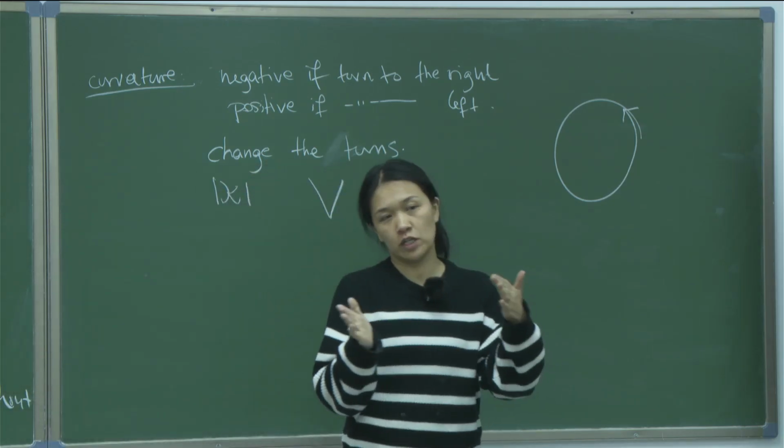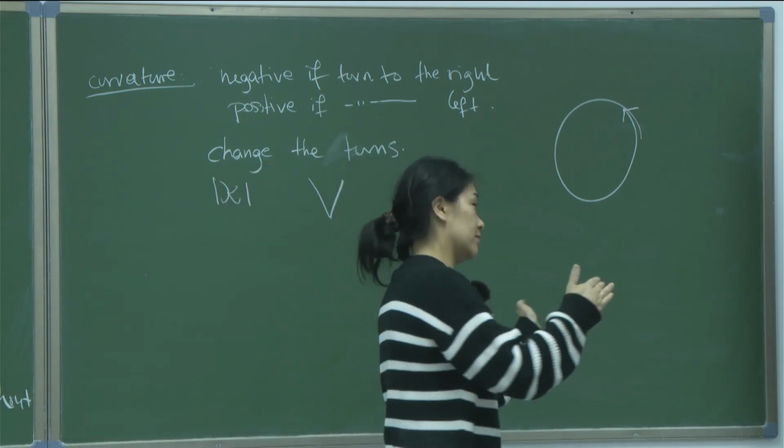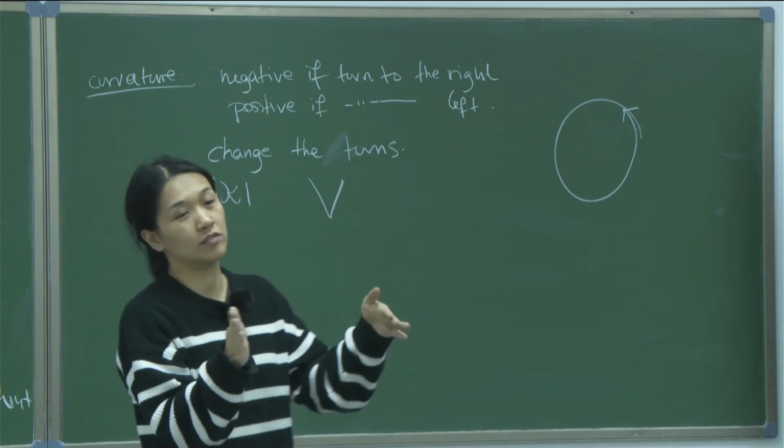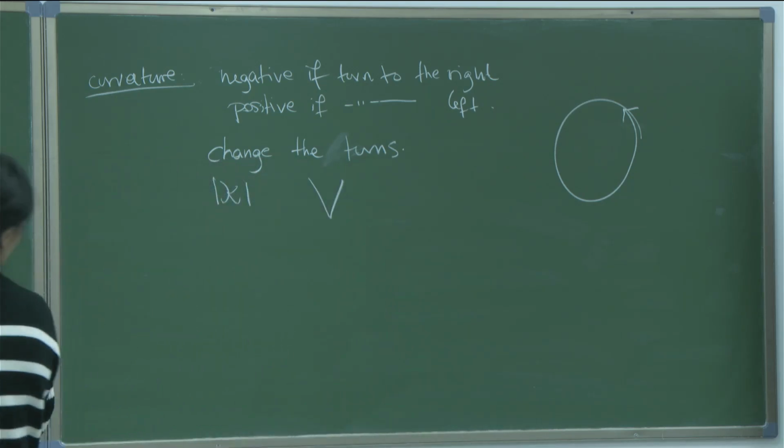Yeah, so I'm turning to the left all the time with my curve, and now I need to turn to the right. How would such a curve look like?